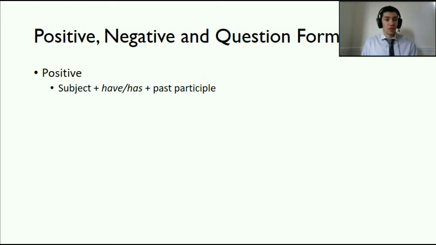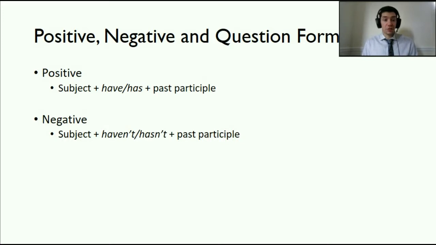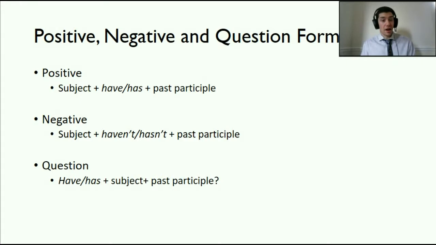So let's have a look now at the positive, negative, and question form. The positive is the subject plus have or has and the past participle. The negative, subject plus haven't or hasn't plus the past participle. And the question, have or has plus the subject plus the past participle. Okay, so let's use these now and practice them.